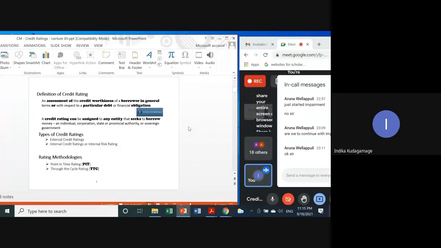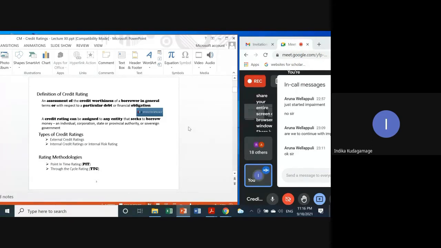Types of ratings: you have external rating, that's what I just informed, and the internal credit rating. Right? Credit rating can be external or internal. External is some third party. Those third parties are called rating agencies, like Moody's, Standard and Poor's. There are 75 rating agencies in the world. If we are getting a rating from those external parties, it is an external rating.